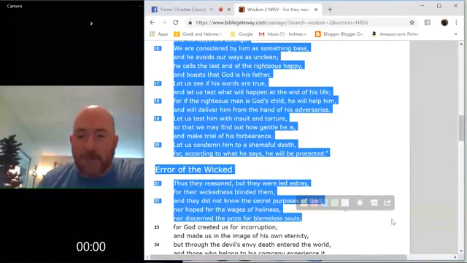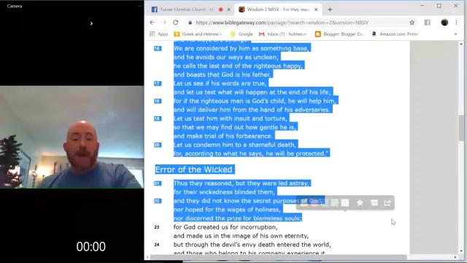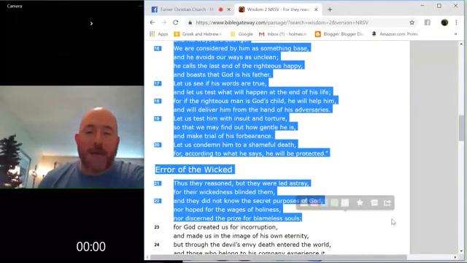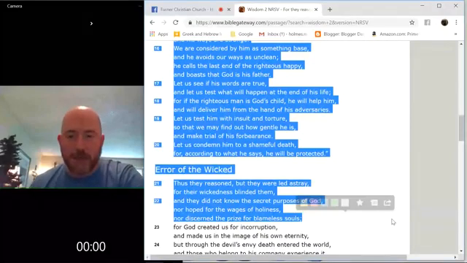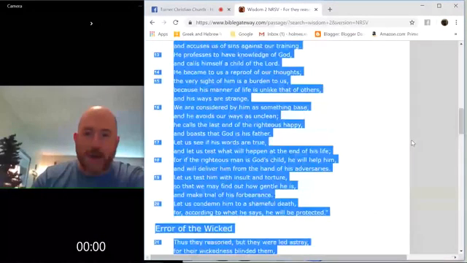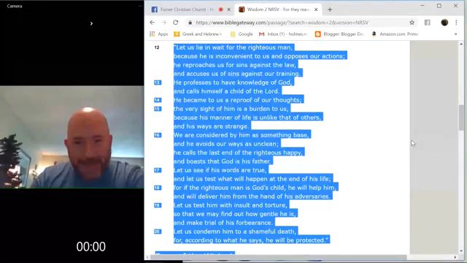Now, does that remind you of anything? Does that sound at all familiar? It should sound familiar because it has a lot in common with the language that is used in the Gospel of Matthew to describe the opposition to Jesus. We go back up here, we see that he is a righteous man who is inconvenient to them.